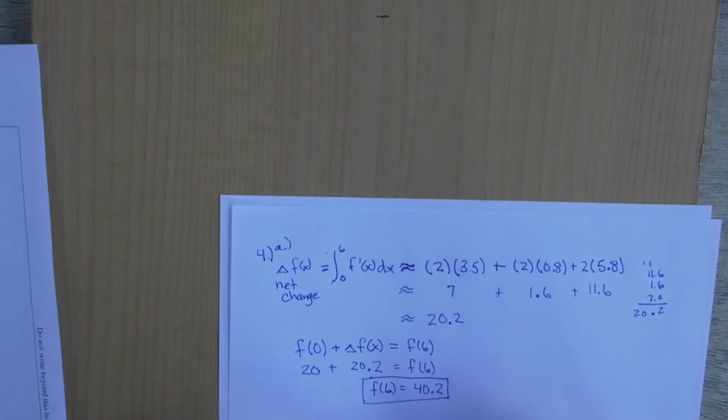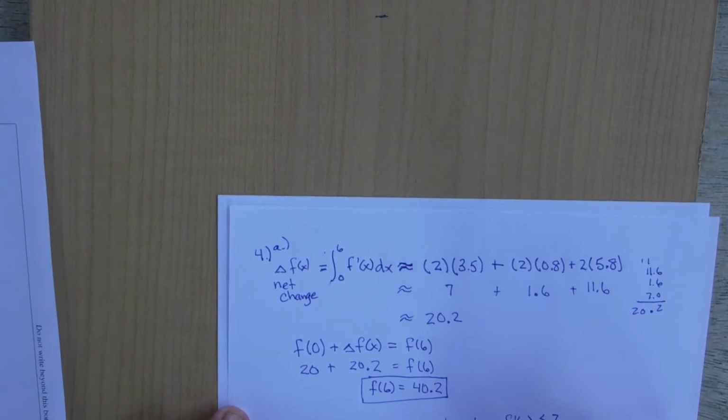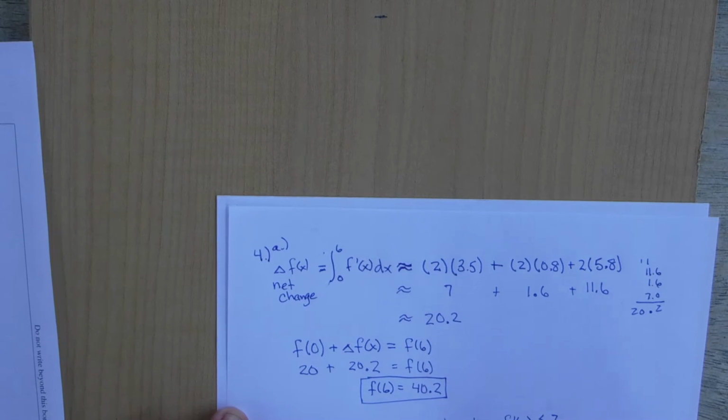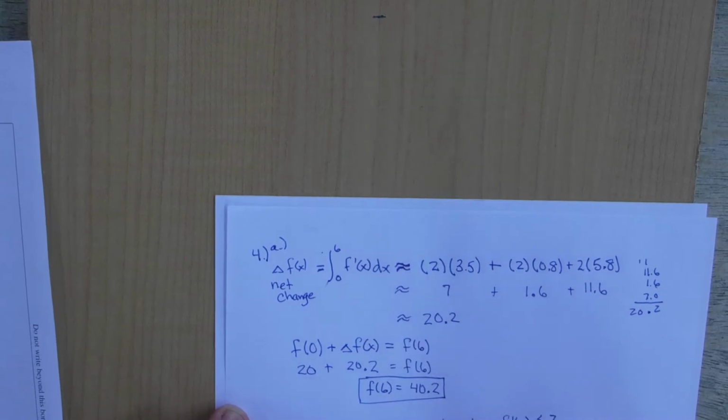Due to f prime being less than or equal to 7, I'm just going to assume that it's the biggest, that it's consistently 7.